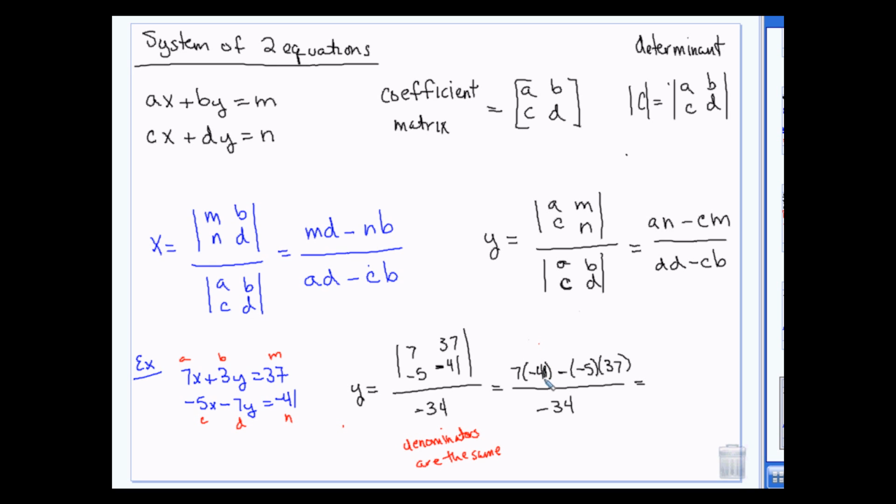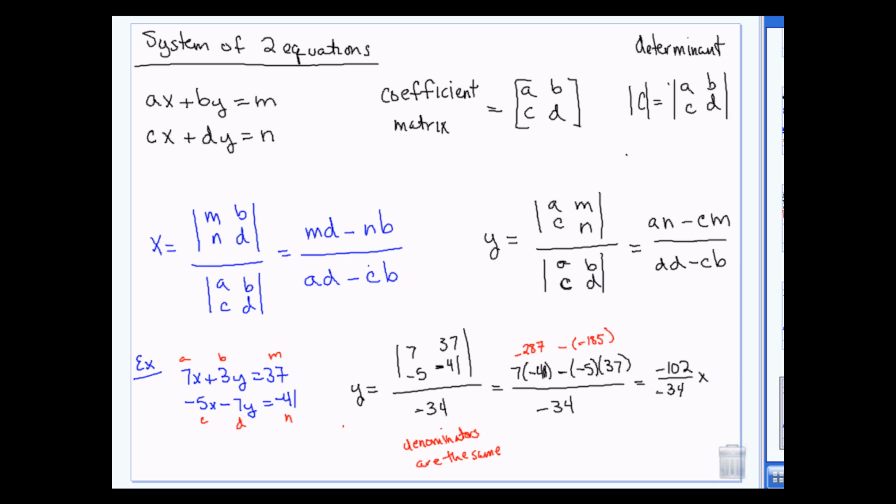41. Okay, so 7, negative 287. And then 5 times 37, so I've got minus negative 185, which will be negative 287 plus 185, so that's going to be negative 102 over negative 34.